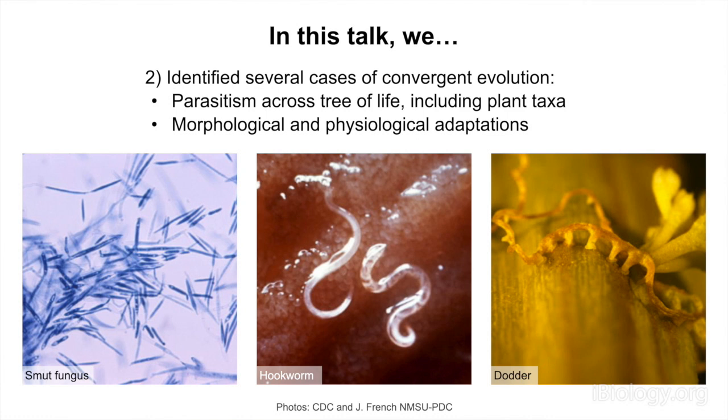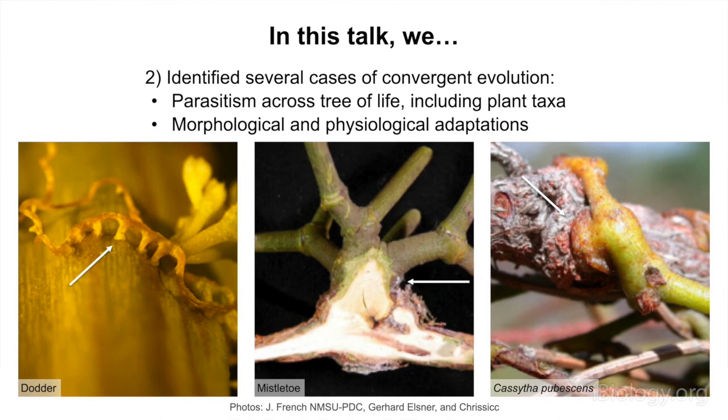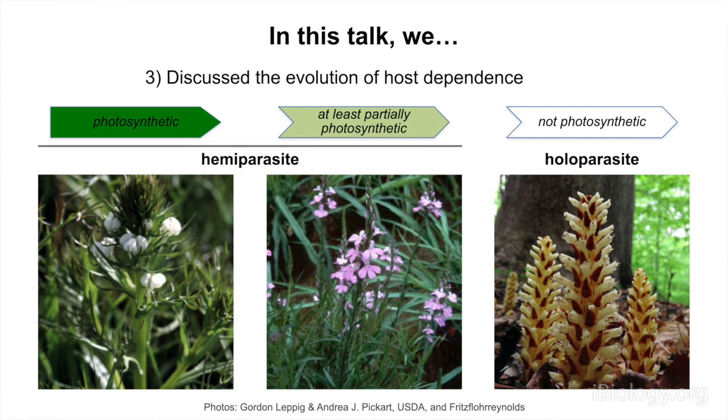Then we saw some different cases of convergent evolution. Parasitism convergently evolved across the tree of life and in plants. And then we saw some adaptations that convergently evolved among parasitic plants as well. Then we discussed the range of host dependence that we see in parasitic plants, and we noted that some have to have a host to complete their life cycle.